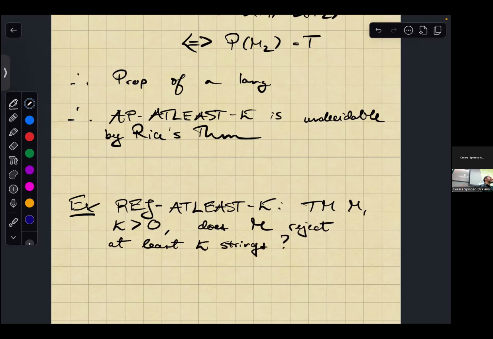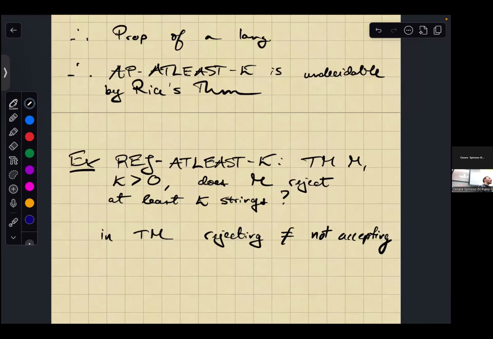And the reason why I say that this is probably not going to be as easy as before is because, as hopefully some of you remember, in Turing machines, rejecting is definitely not the same as not accepting. Because what does not accepting mean for a Turing machine? It means that when you give the string to the Turing machine, it doesn't get to an accept state.